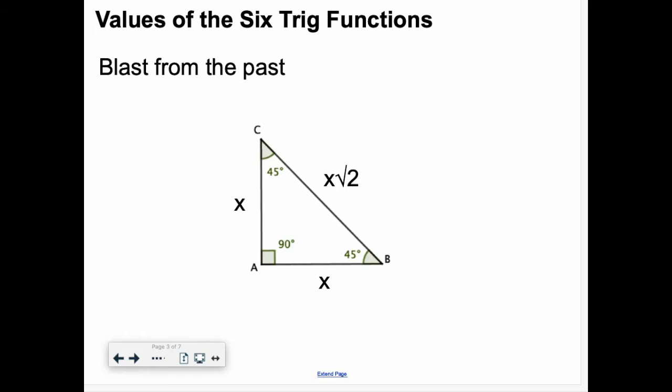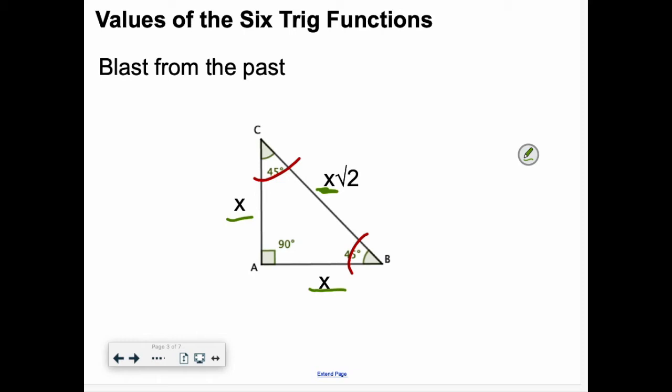Now, this is a 45, 45, 90 special right triangle. You studied them in geometry. You may have studied them in Algebra 2 as well. They have a nice relationship going. Because it's 45 degrees and 45 degrees, this is isosceles. So that means whatever this is, this happens to be the same thing. And if we did the Pythagorean theorem out, you'd find that whatever this x is, x times radical 2 would be the hypotenuse.